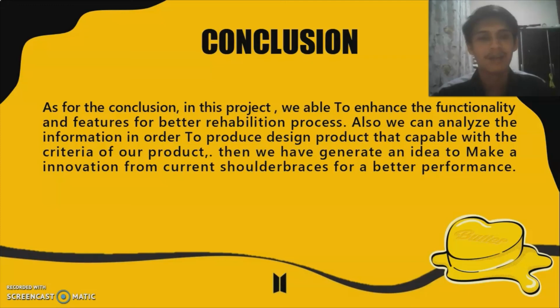And then we generated an idea throughout the discussion that we have made, which is that we can make an innovation from the current shoulder braces to our shoulder brace guard. This is in order for us to get better performance and also better functionality of our product.